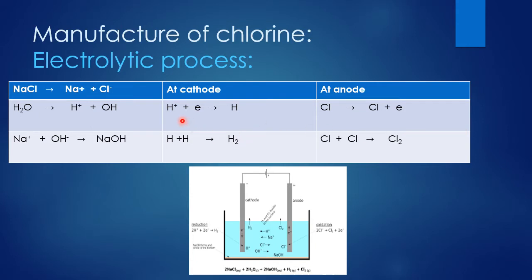But the H+ ion migrates towards the cathode, where reduction takes place. Reduction is nothing but gain of electron. It gains an electron and gets converted into H, and H and H join to form hydrogen. So at the cathode hydrogen gas is liberated, at the anode chlorine gas is liberated. By this process we can prepare chlorine gas, and the process is called the electrolytic process.